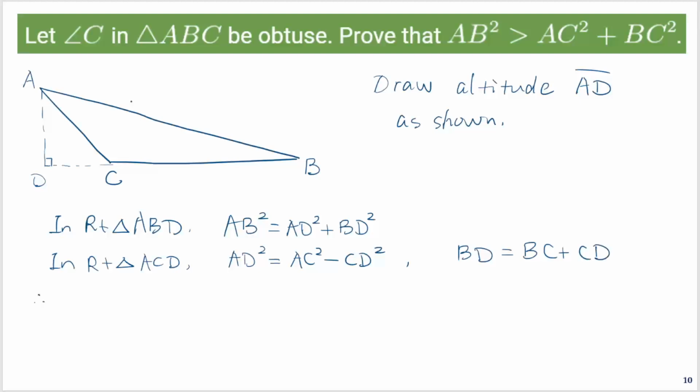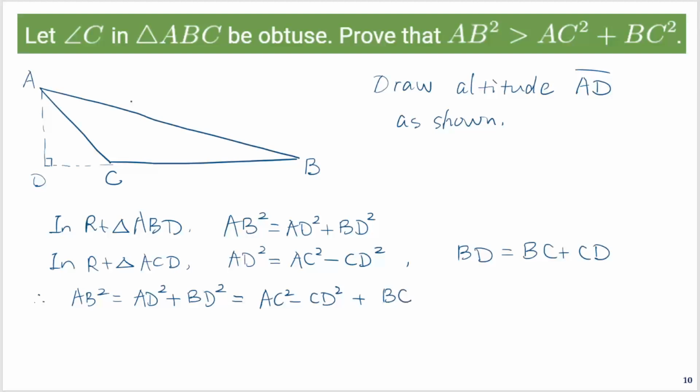Therefore, we could make use of these equations. AB squared equals AD squared plus BD squared, right? And substitute AD squared using AC squared minus CD squared, and substitute BD using BC plus CD.